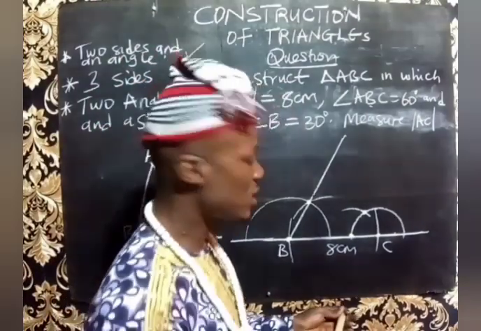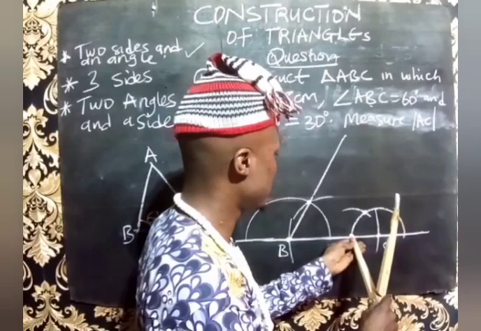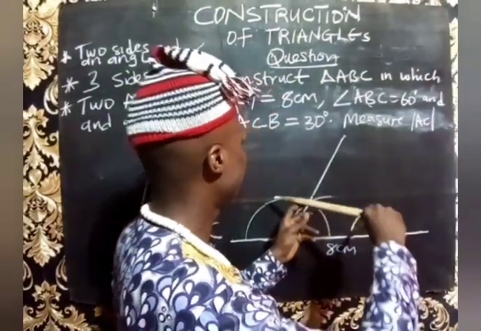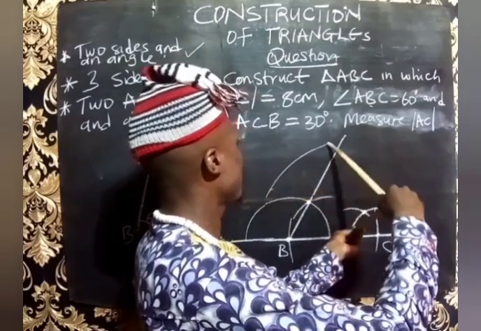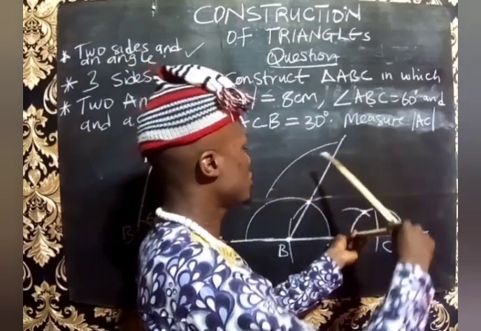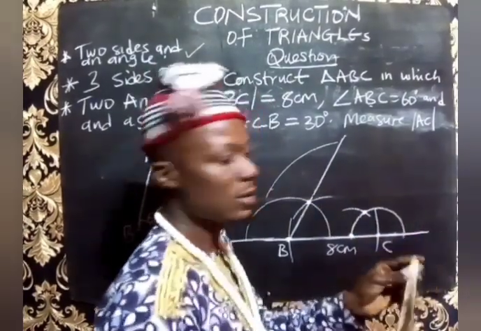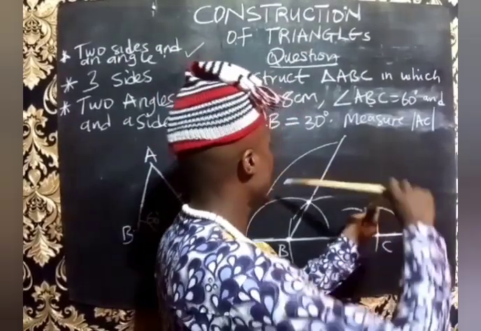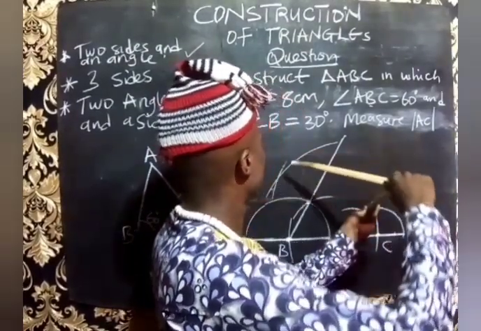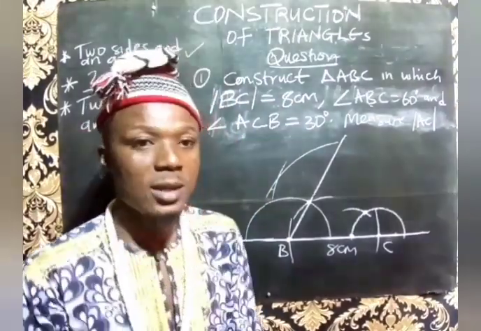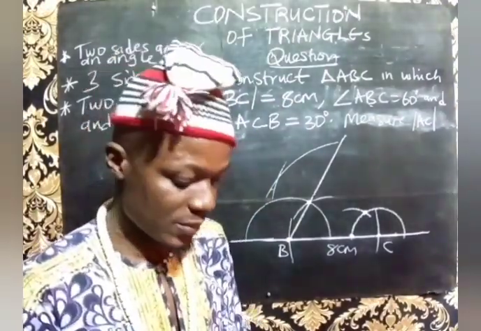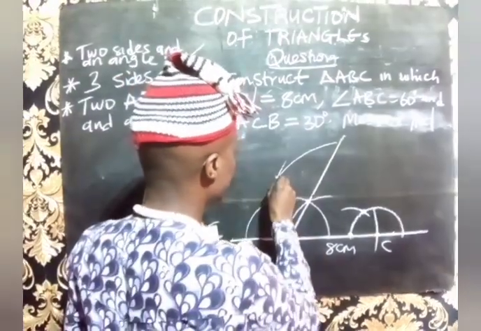To bisect the 60 degrees, put the pin at the first point here. You can mark an arc, just place it there. Mark an arc. Don't adjust it. If you adjust it, you fail. Place at the other point and mark another arc. Now you will see that the 2 arcs you've made have intersected at a point here.